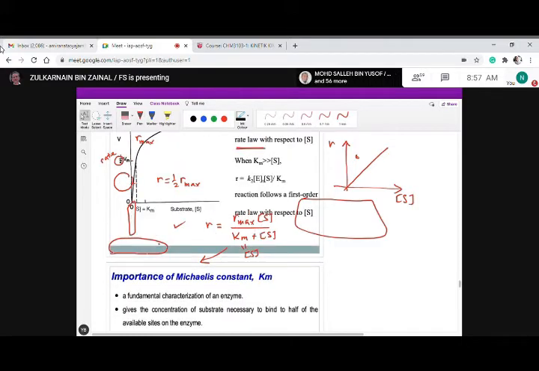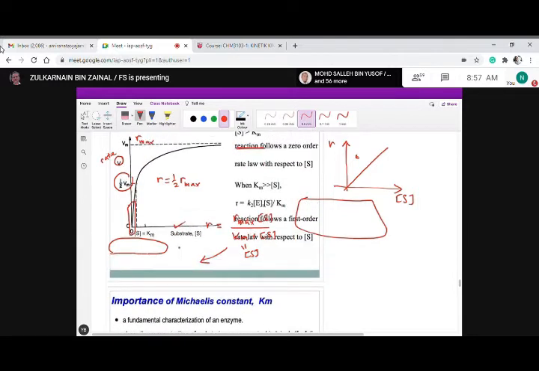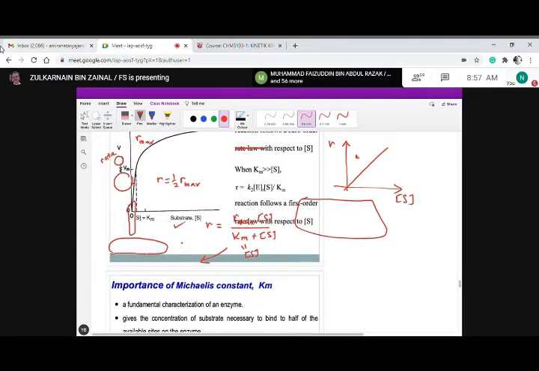When Km is far larger than the concentration of S, you can see the curve starting to bend, and that is where we can write R is equal to K2 ET times S over Km. So the reaction is then following first order with respect to the substrate.